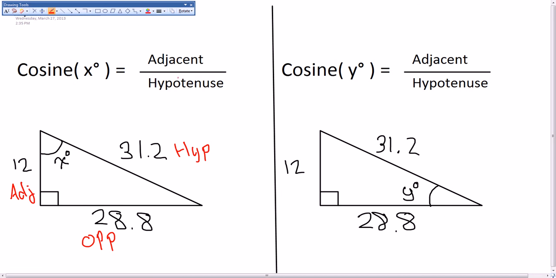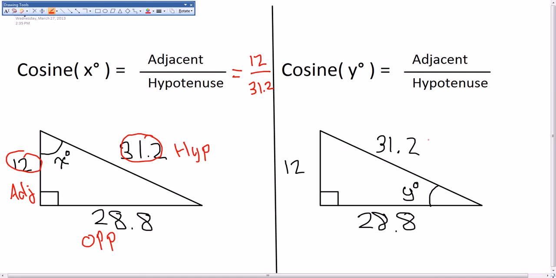Cosine of an angle is defined as the adjacent length divided by the hypotenuse. So we've got our adjacent side here and our hypotenuse here, so we get 12 over 31.2. I'd like you to pause the video and try this out for the cosine of y.